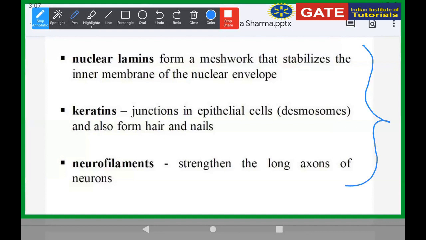Next, keratin is present in the junctions in epithelium.